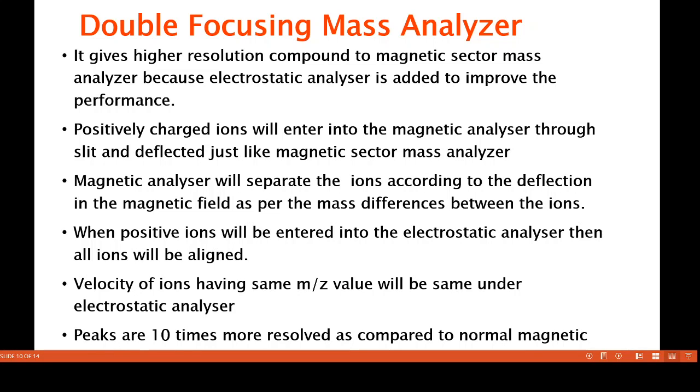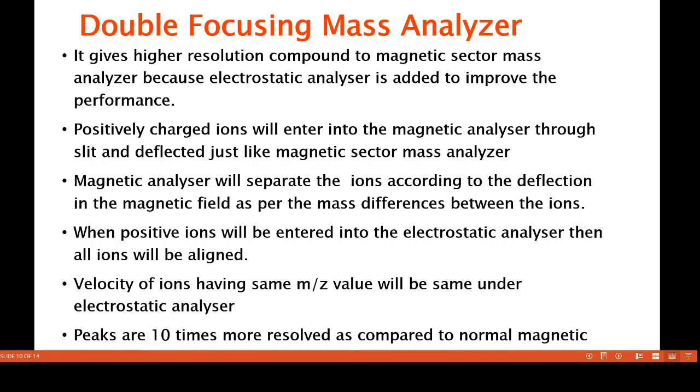In time of flight we never use any field, meaning magnetic and electric fields are absent. Then in the magnetic sector we only apply the magnetic field, and in the last, the double focusing mass analyzer, we apply the magnetic field as well as an electrostatic field.